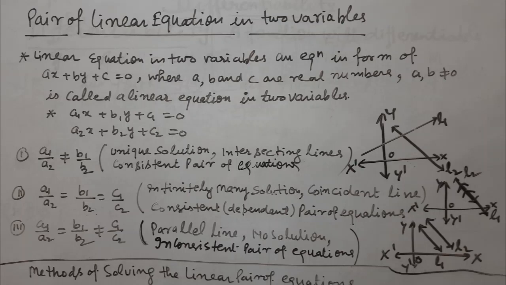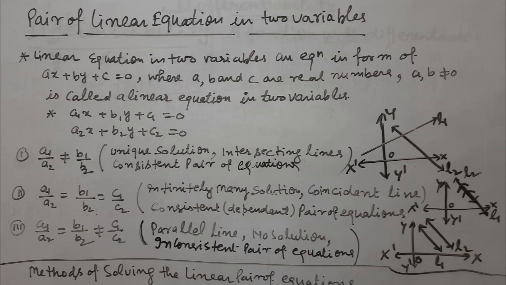Now, we will take a pair of linear equations a1x plus b1y plus c1 equals 0, a2x plus b2y plus c2 equals 0. A pair of linear equations is said to be consistent if it has at least one solution and is said to be inconsistent if it has no solution.